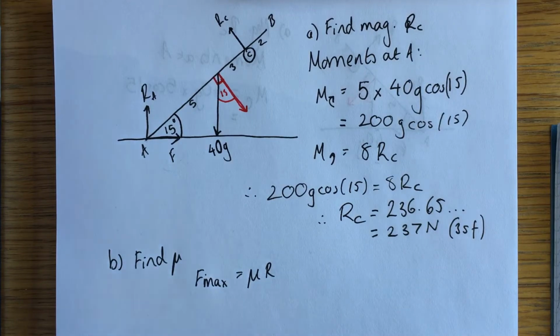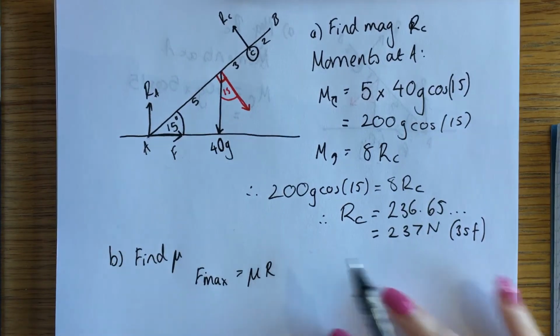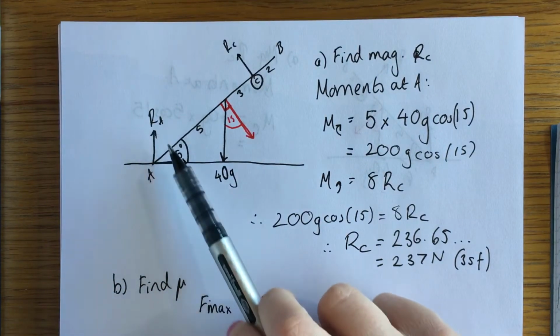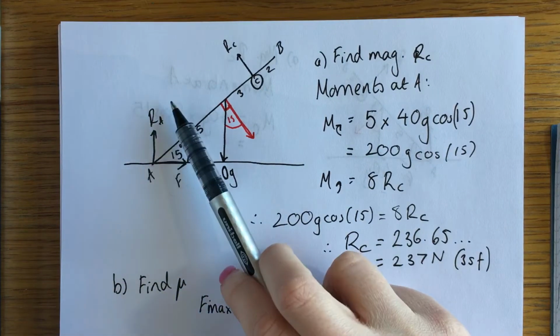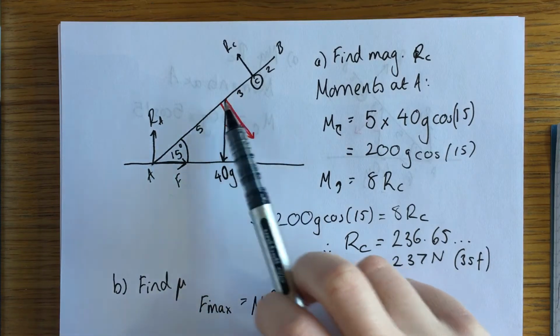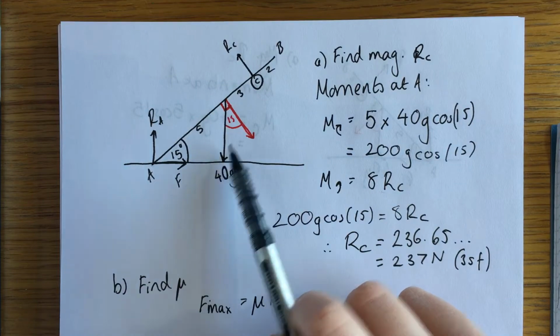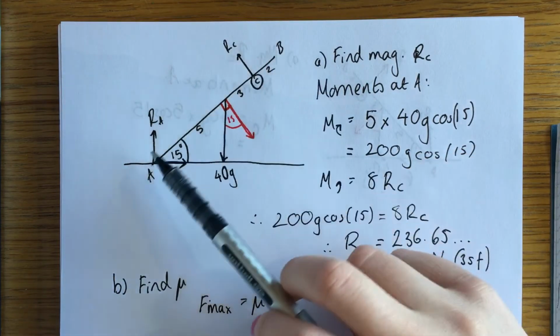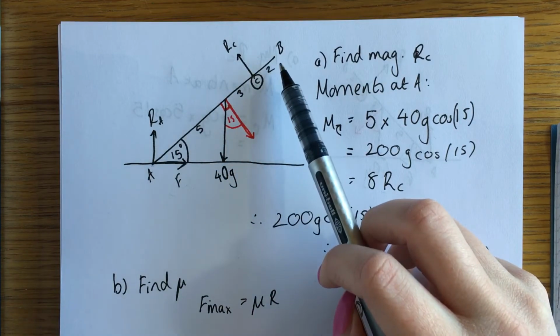Now, in my diagram, before I move it up too far actually, my normal reaction at A and my friction are vertical and horizontal. My weight is vertical, but my normal reaction is perpendicular to the inclined plane.